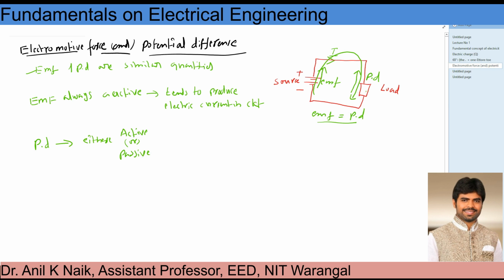But in this particular application, my potential difference is passive, because it is not able to produce electricity, but it absorbs the electricity. It absorbs the current. In some cases, this potential difference also can act as an active source.